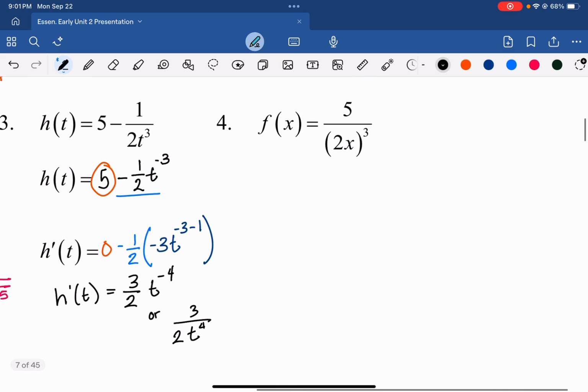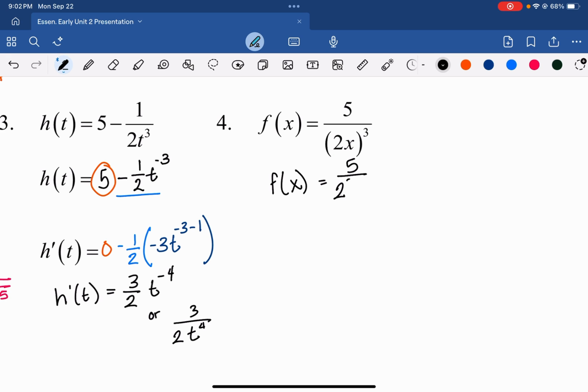Okay, next, number 4. I have f of x equals 5 over 2x cubed. So I'm going to rewrite this with things simplified out a little bit. So 2x, all of that is cubed, so I'm going to apply the cube to the 2 and the x.